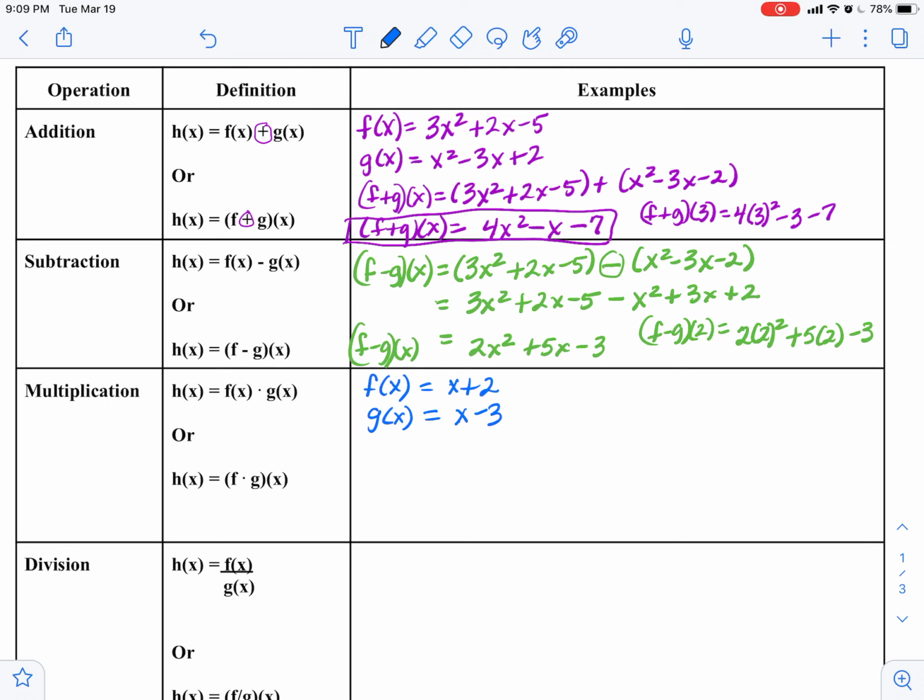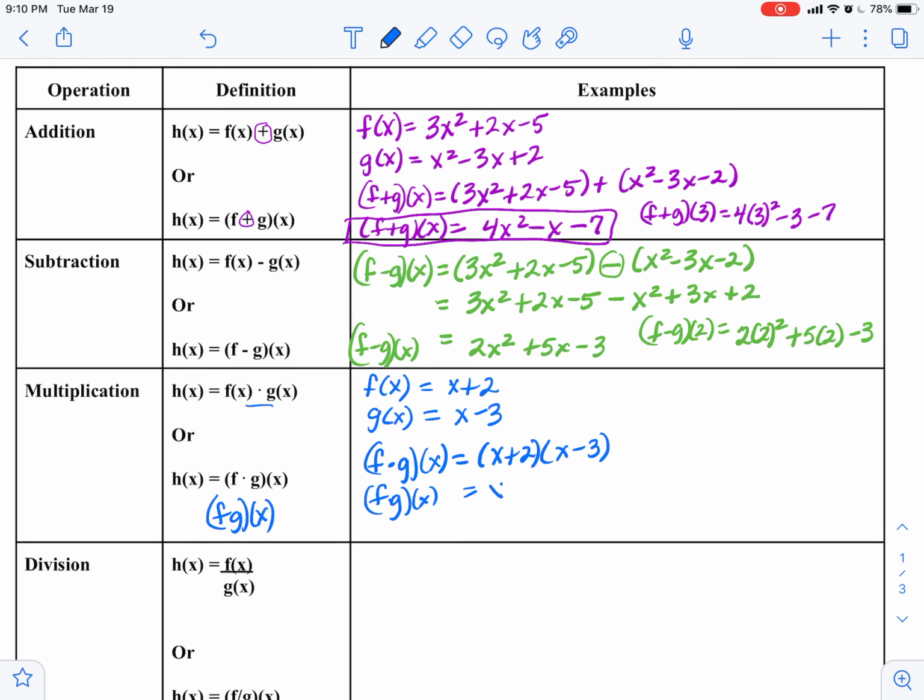If they ask for f of g of x, they might also write it without the multiplication sign. Generally they won't up here, but you might see it like that. It doesn't mean composition here, it means multiplication. Again, we're just going to multiply. My f of x times my g of x, and all we're going to need to do is run a FOIL.